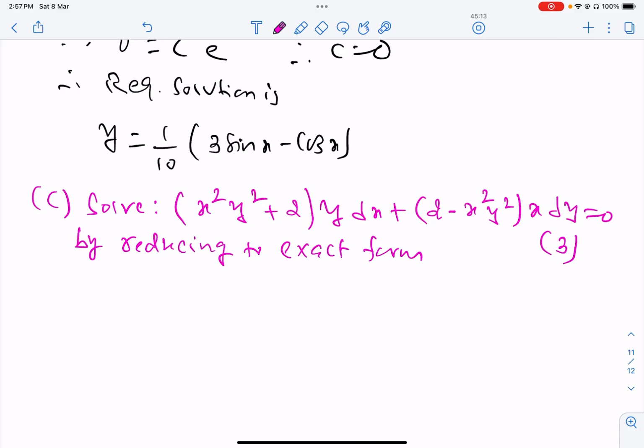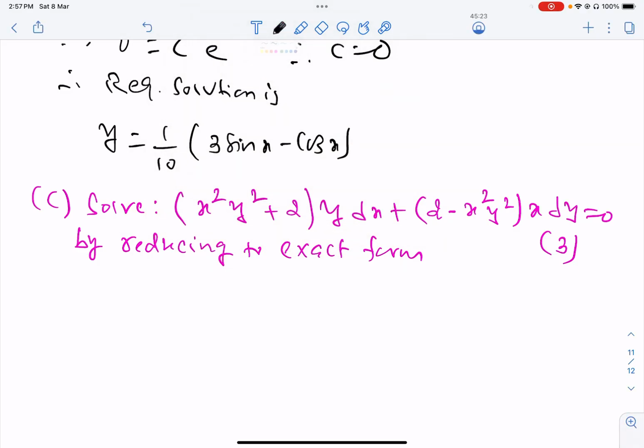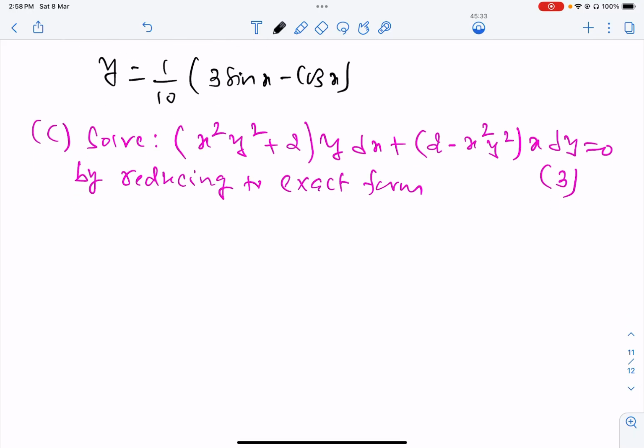Okay. So here, just by looking at the question, we can see that this is not in xz form, but by multiplying some integrating factor, we can make it into xz. Okay, it is easy to see.